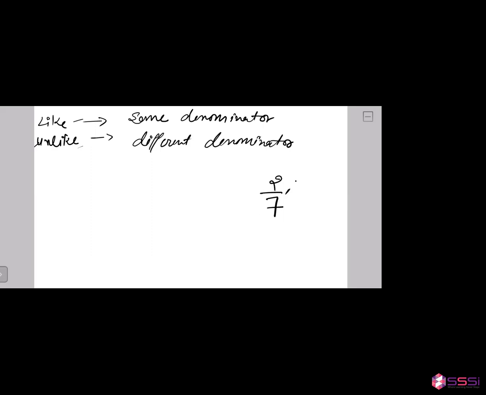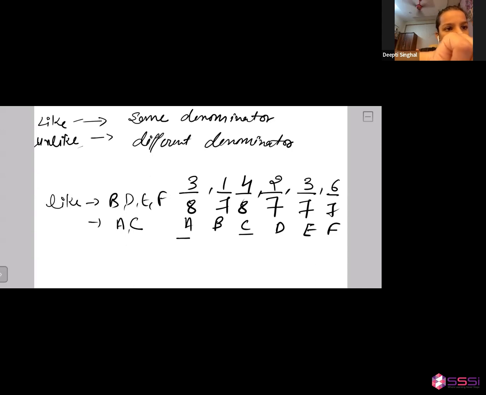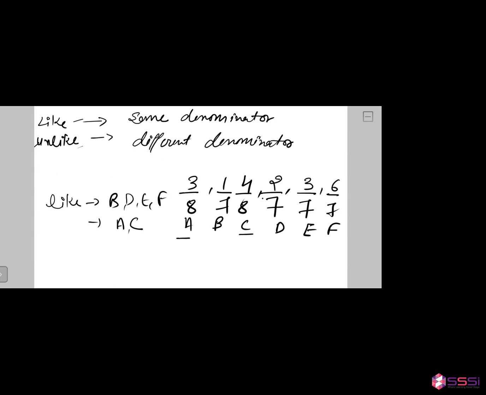If I give you more than 1, if I write 3 by 7, 6 by 7, 4 by 8, 1 by 7, 3 by 8, labelled A, B, C, D, E, F, then the like fractions are B, D, E, F, and the unlike fractions are A and C. Did you understand? If we write a single fraction, we can't decide whether it is like or unlike.